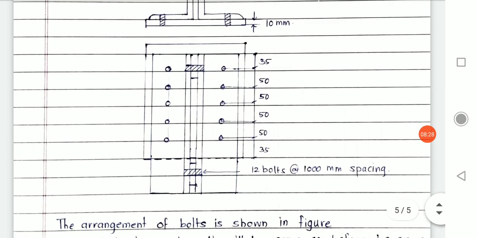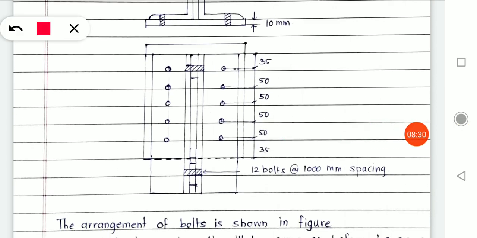Okay, now what are tack bolts? In the previous problem, while reading the question, we came across a tack bolt word, right? And I have explained there that tack bolts are the extra bolts you require, instead of connecting I will say to combine the two sections.